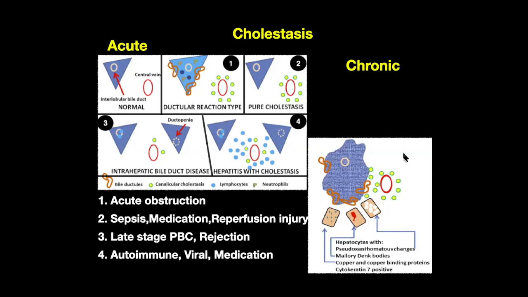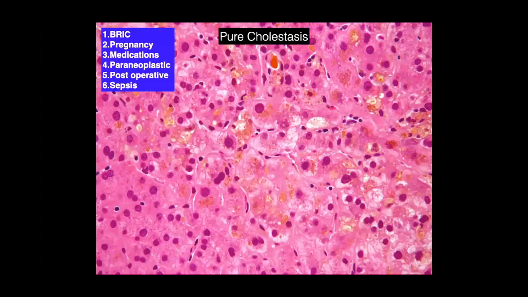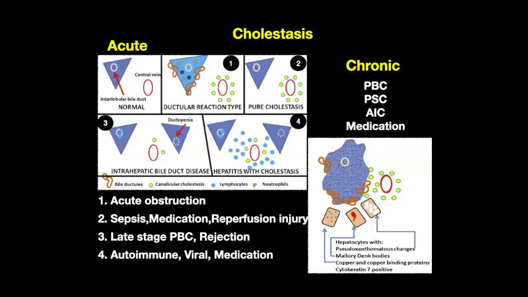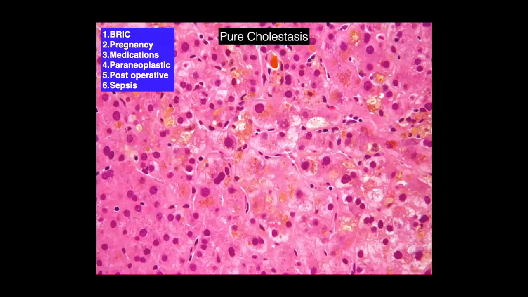And where do you see chronic cholestasis? There are few conditions that we already looked into. Primary biliary cholangitis, primary sclerosing cholangitis, autoimmune cholangitis, and medications. These are all the things where we can see chronic cholestasis. So this is a picture of pure cholestasis in the hepatocytes.